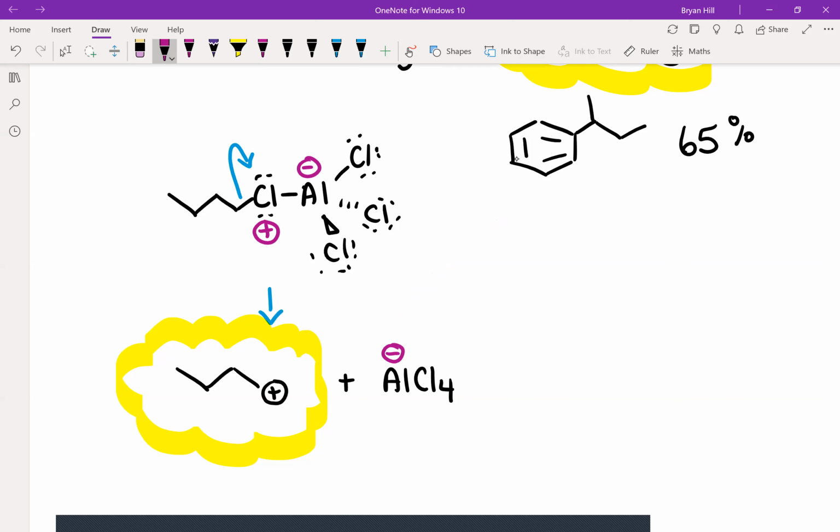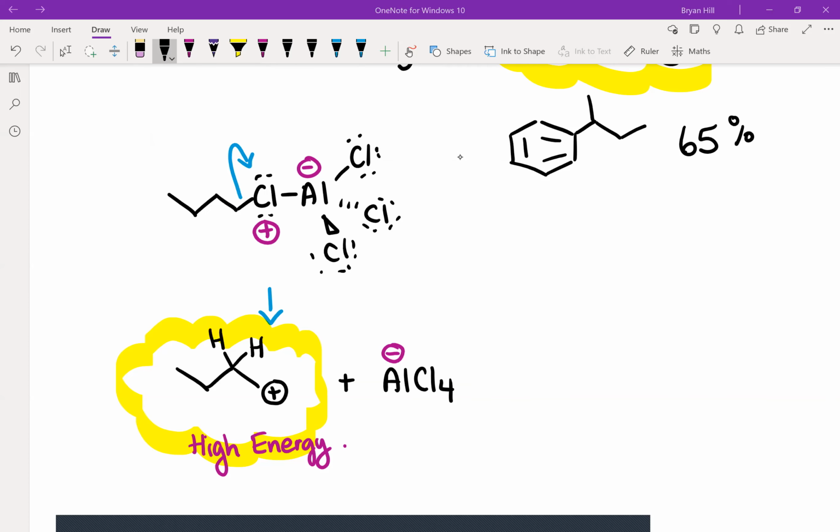So this primary carbocation is high energy. Is there a way to make it lower energy? Yes, exactly.